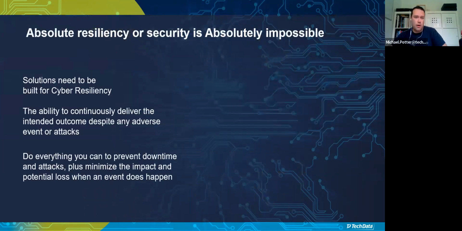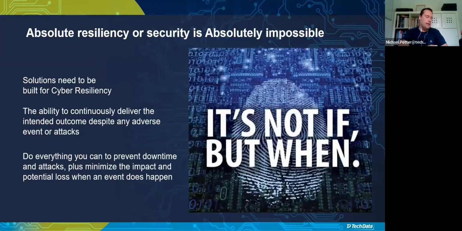One of the key messages that I see in the why is that absolute resiliency of security is, and I completely agree with this slide, absolutely impossible. So we really need to consider all things within our environment and everything that we're doing. Lots of things to think about there.